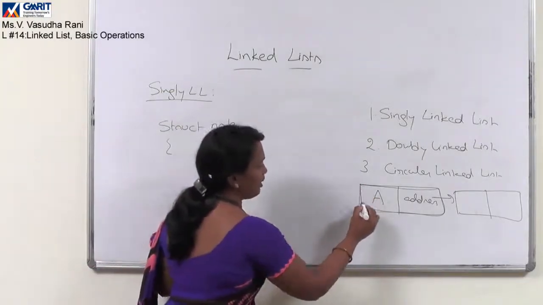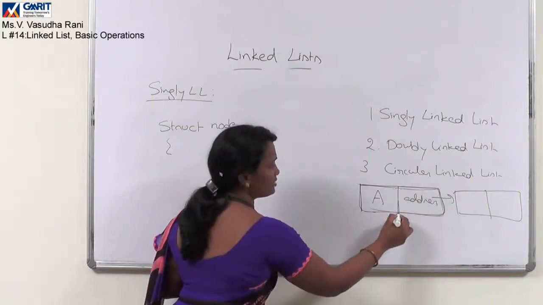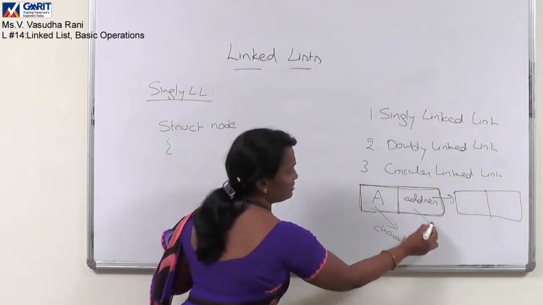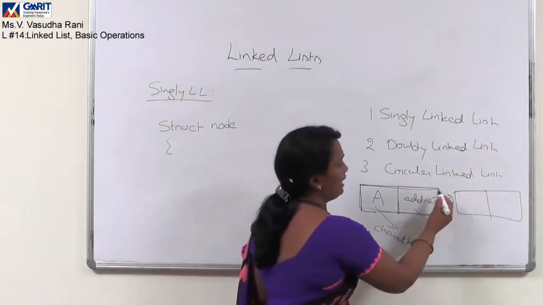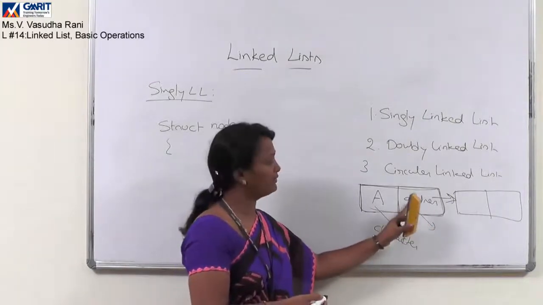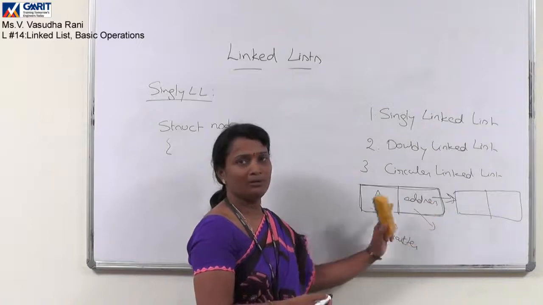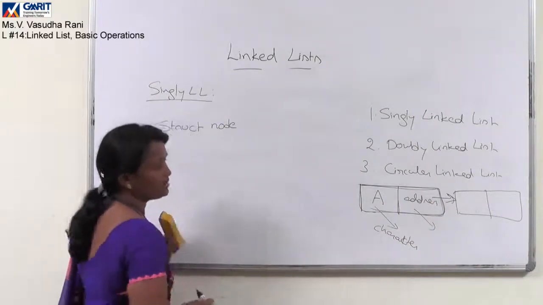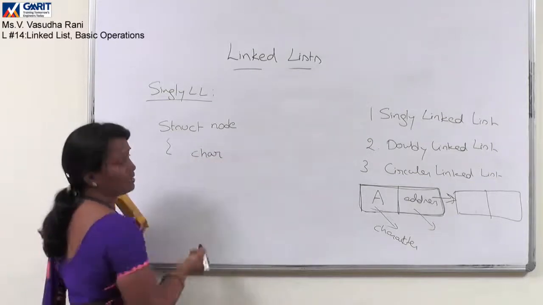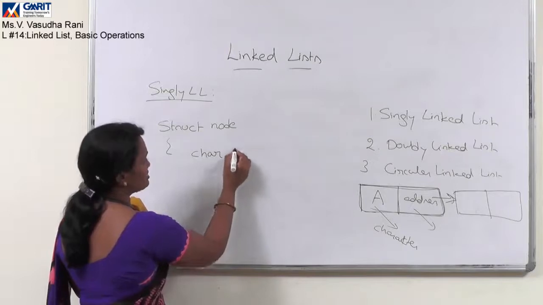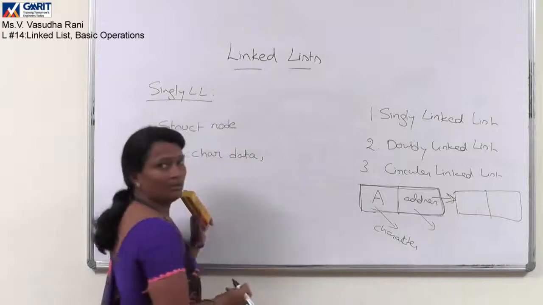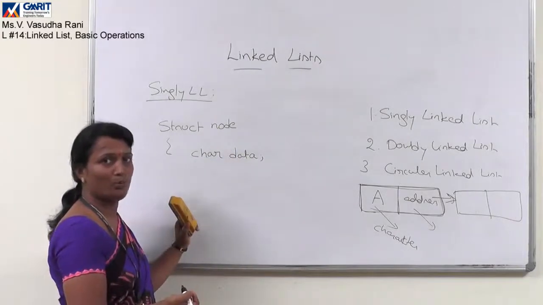How many structure members are here? Two structure members: a character data item and an address to another node. As it is an address, we have to use a pointer for defining the second field of the node. Coming to the first field, it is a character data item, so we can define the data type as char and name it something like data. And the second one is an address, so you have to use a pointer.